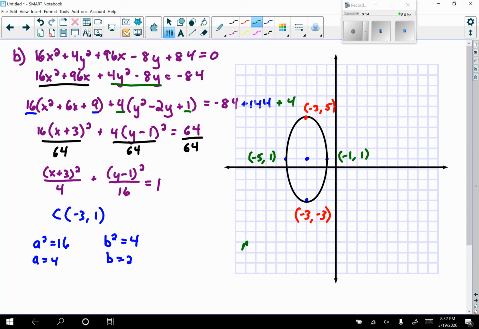The length of our major axis, if it's just 4 units up, so that's going to give us 2 times 4, which is 8 units. And I'm going to go ahead and just write in the minor axis for all of these as well. It's going to be 2 times 2, which will give us 4.